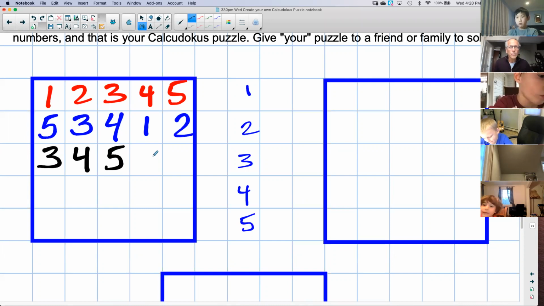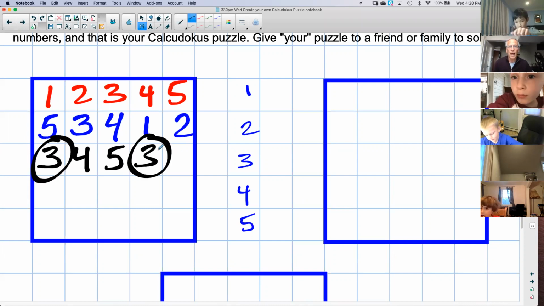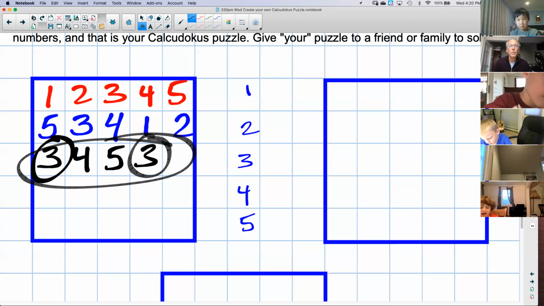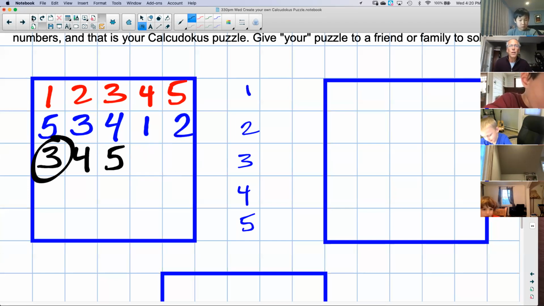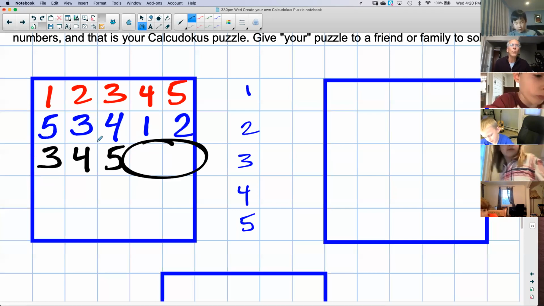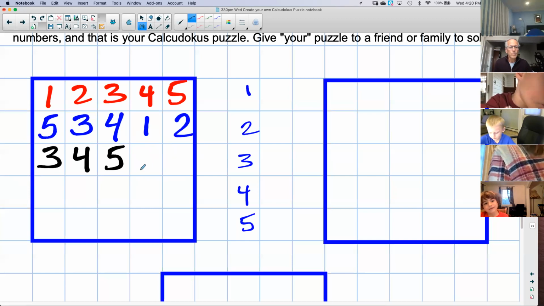A 3. Are you allowed to have 2 3s in the same row? Then come on, what are the 2 numbers left? The 2 numbers you haven't used yet. 5. You've already used a 5 and a 3 and a 4.